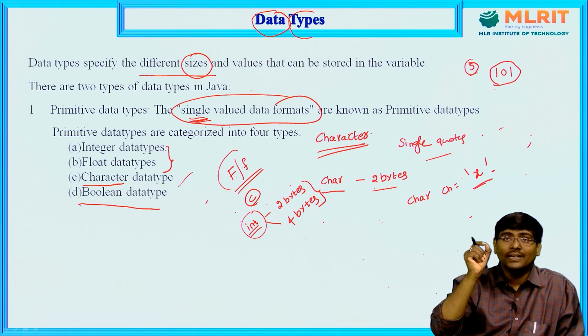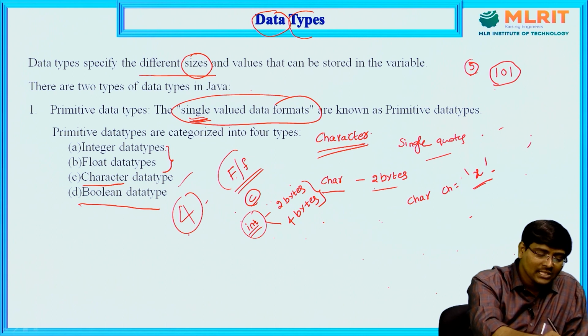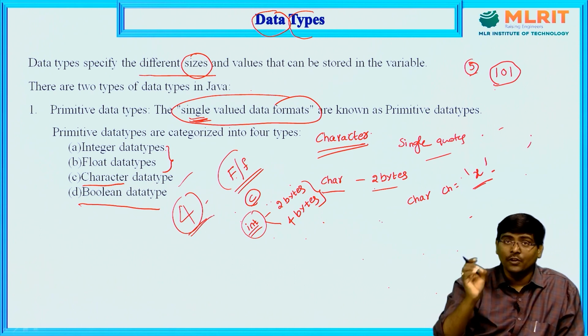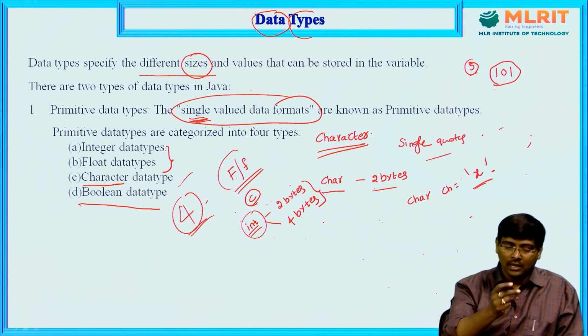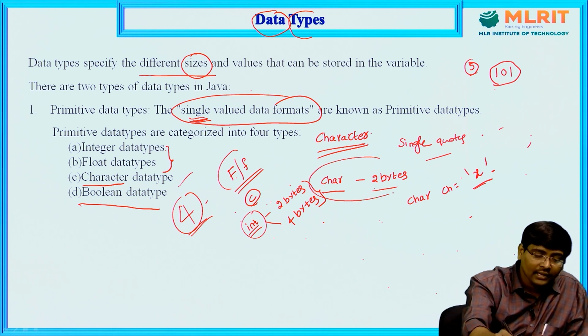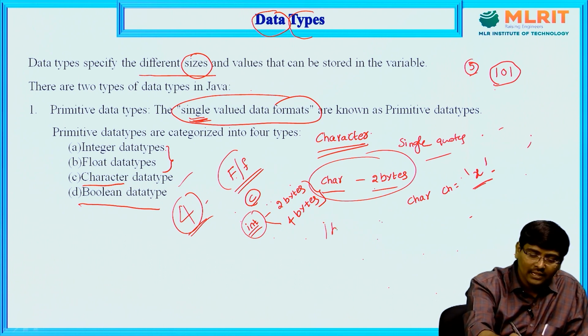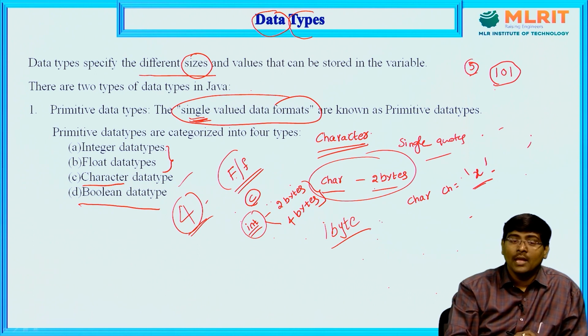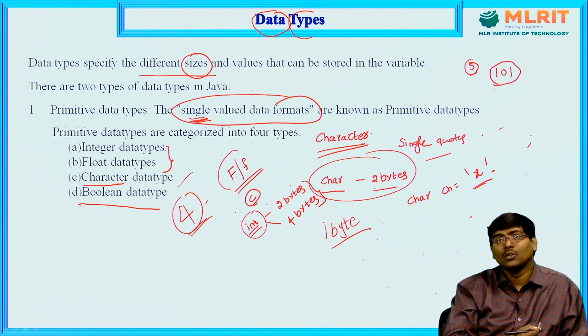That is the reason the size of integer is fixed on any machine in Java, that is 4 bytes. Now coming to character, in C language the size of character is 1 byte. But in Java, the size of character is 2 bytes.